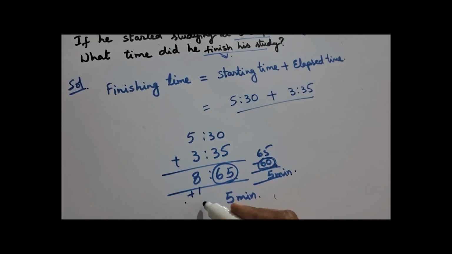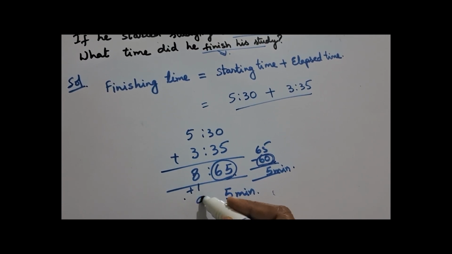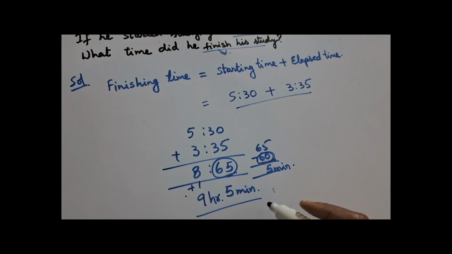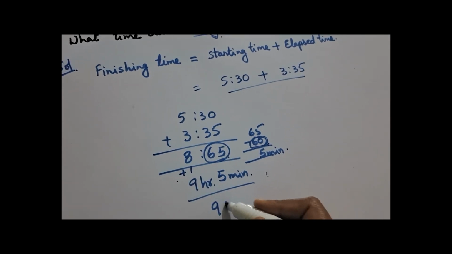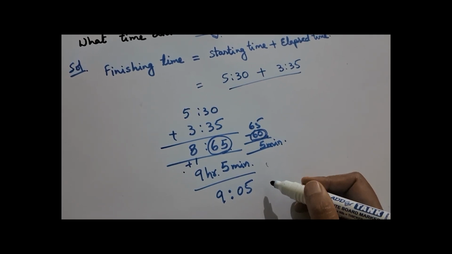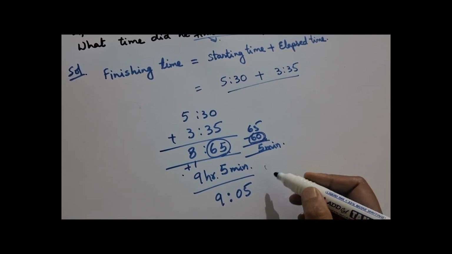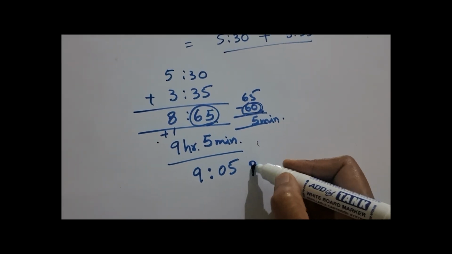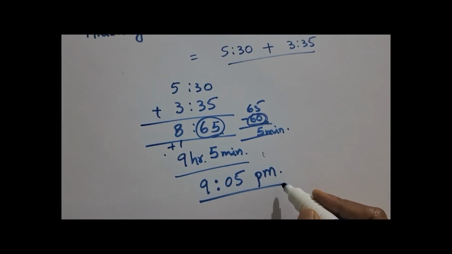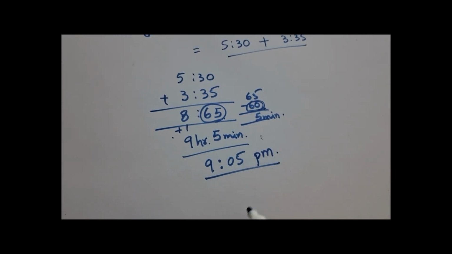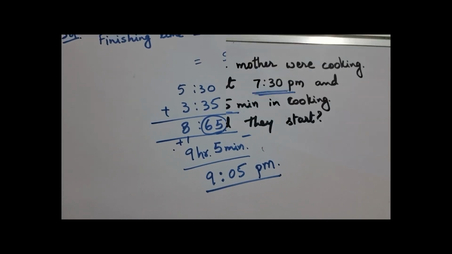So what you will get, children? This is 8 plus 1, 9 hours. Okay, 9 hours. So what is the time, children? 9 hours 5 minutes. That is 9:05 p.m. Okay, children. So at this time he finished his study.